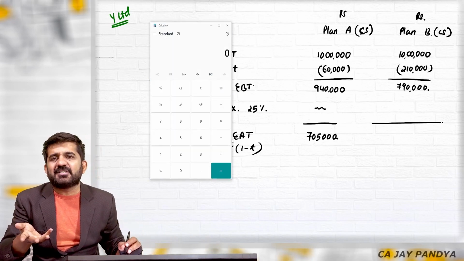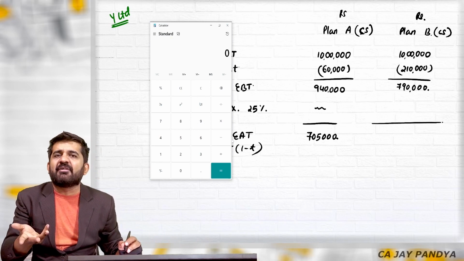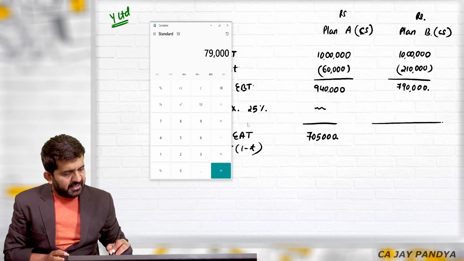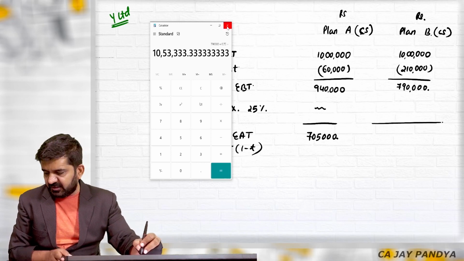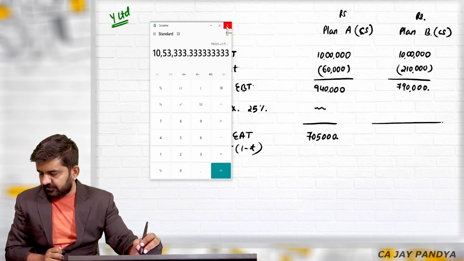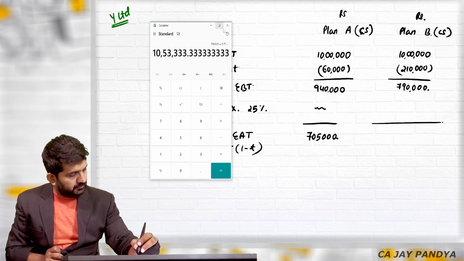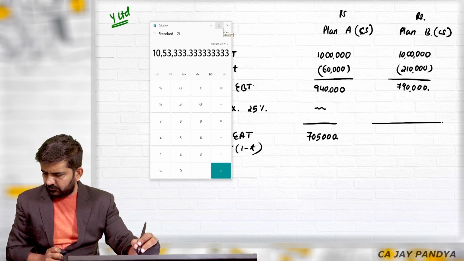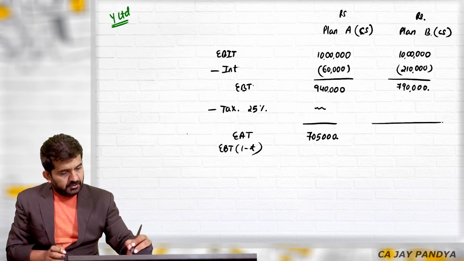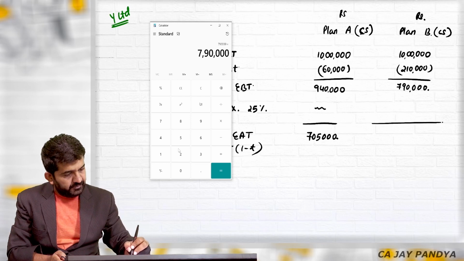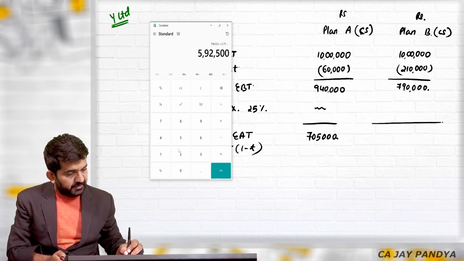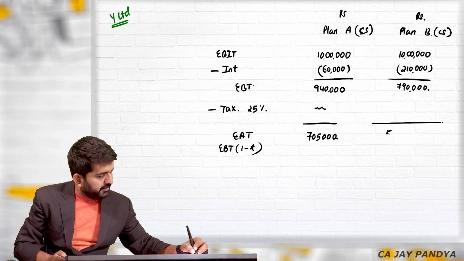If 25% is taxation, earning after tax will be 75%. 7 lakh 90,000 into 75%, which is 5 lakh 92,500.